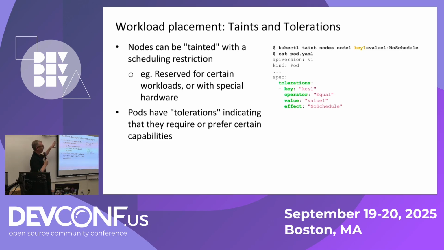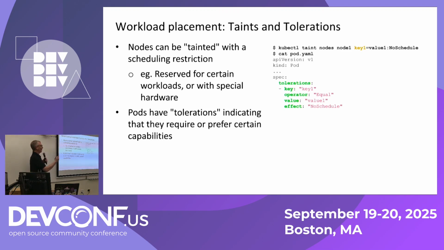There is a second way that you can do workloads, which is taints and tolerations. So you can taint a node and say this node is only available for certain types of workloads, and then you can have a toleration on a pod where it says, oh, I accept running on this other thing, but I prefer to run on this first constraint.